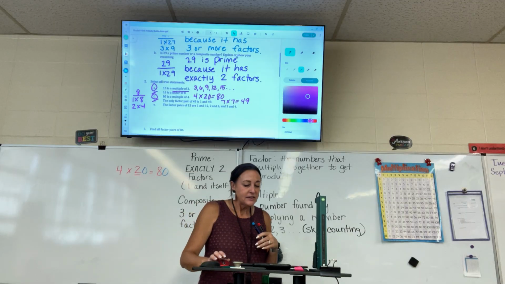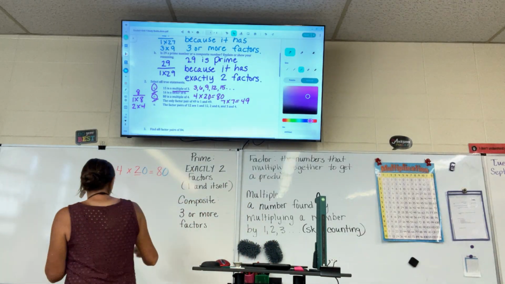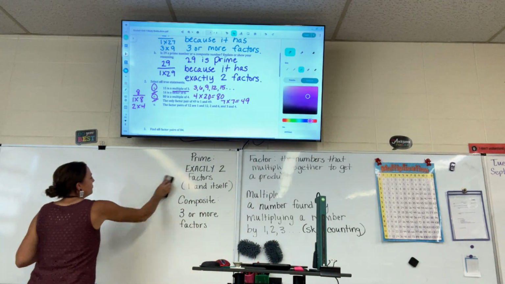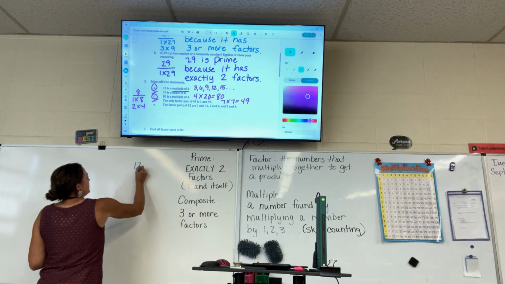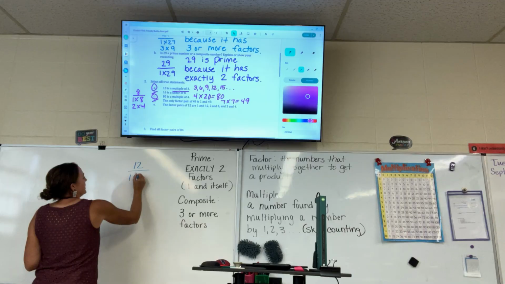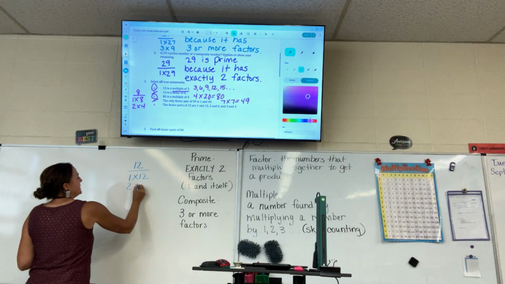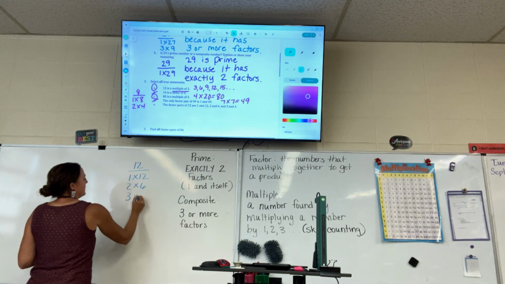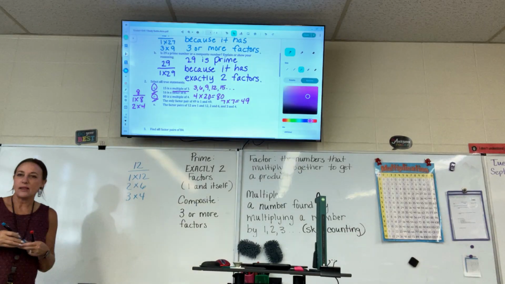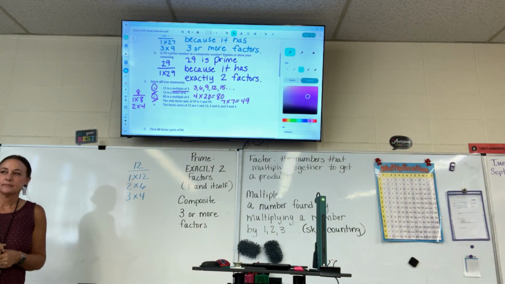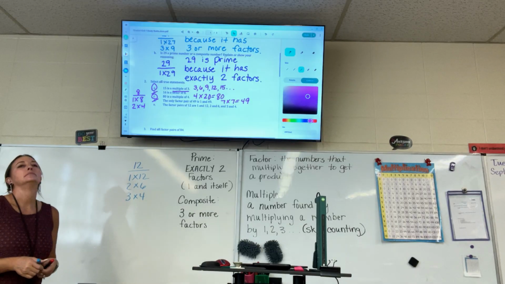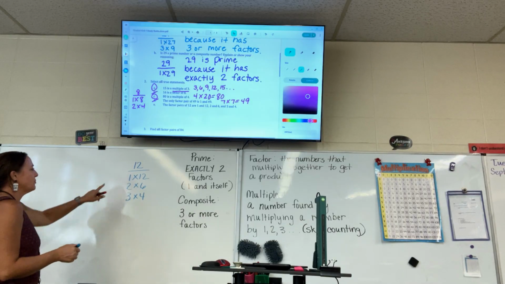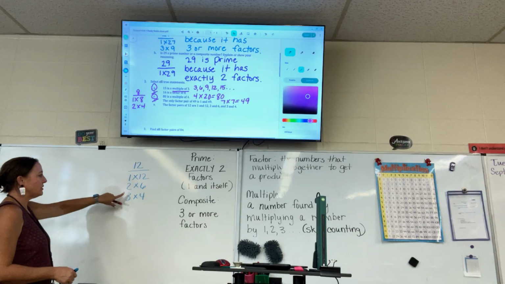Okay, and the last question on this problem says, the factor pairs of 12 are 1 and 12, 2 and 6, 3 and 4. So if we list the factors of 12, 1 and 12, 2 and 6, 3 and 4. Is that all of them? All the ways you can make 12. So we started with 1, then we went to 2, then we went to 3.